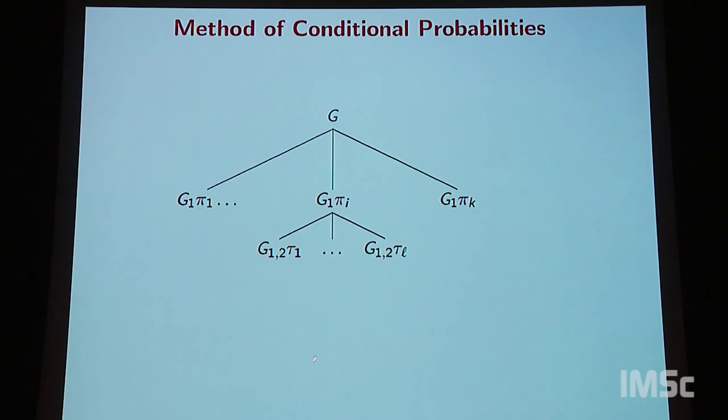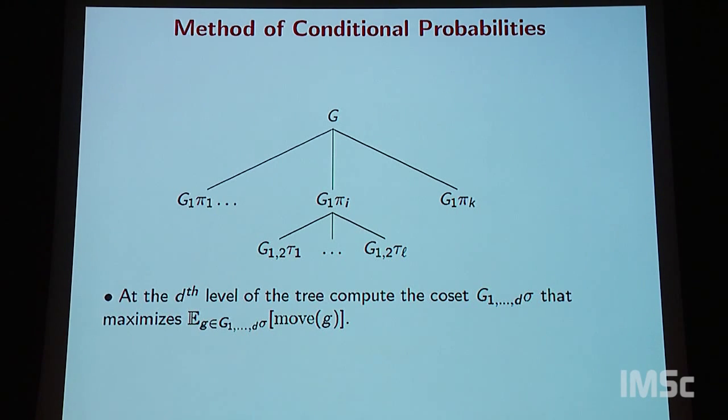In the end, I will get a single permutation which will move more than n minus 1 points, which means it will move all n points. Okay. So at the dth level of this tree, we'll actually be holding a coset of the subgroup of G which fixes 1 to d, which maximizes this, so which is strictly more than n minus 1. Okay.